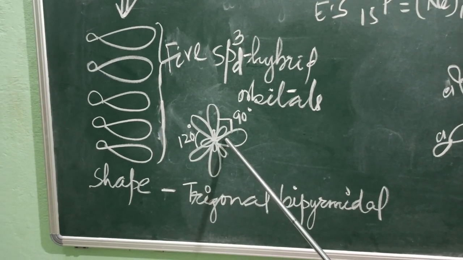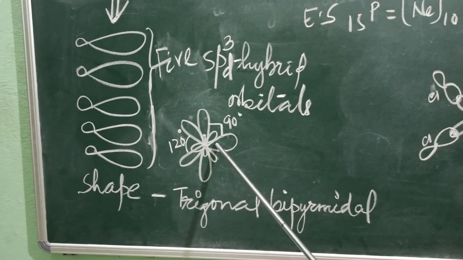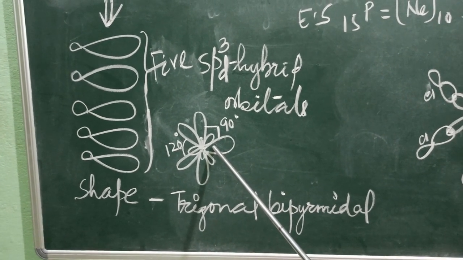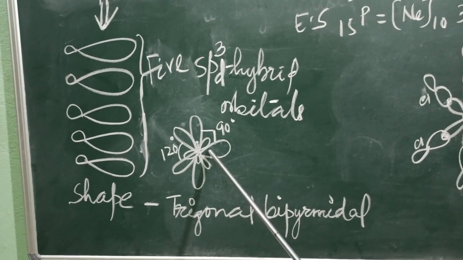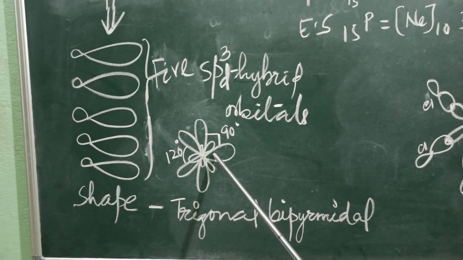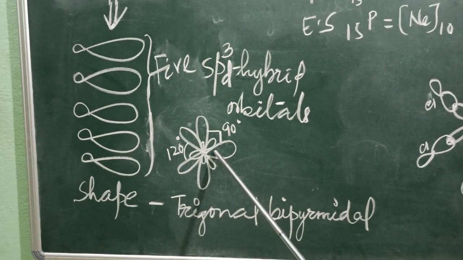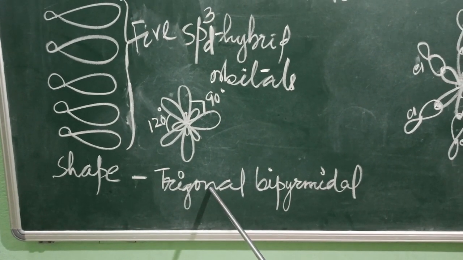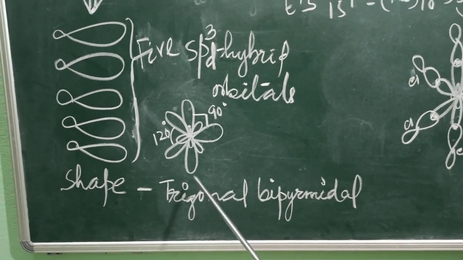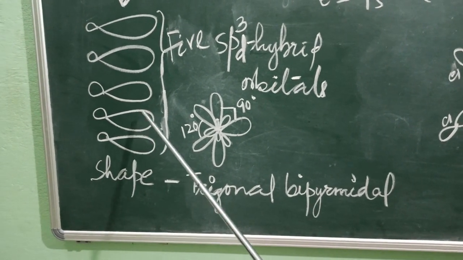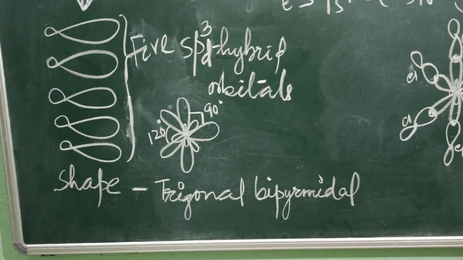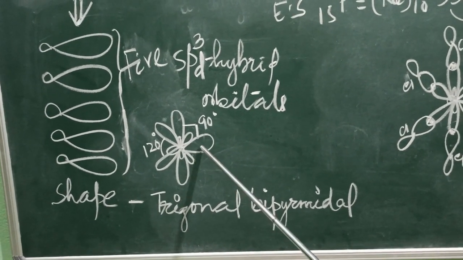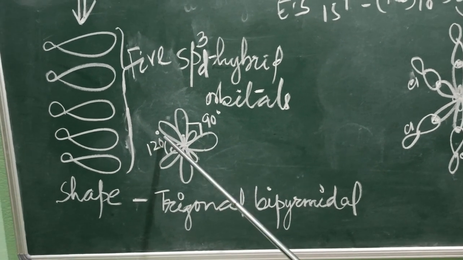Since there are 5 sp3d hybrid orbitals, to maintain maximum distance, 3 of the hybrid orbitals remain in one plane, making a trigonal, and the 2 remaining hybrid orbitals are present in the axial position, and these 3 in the equatorial position.